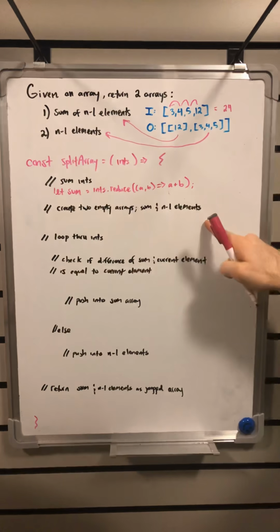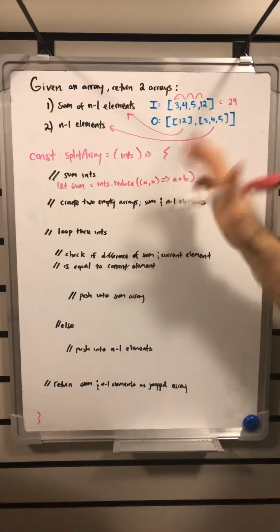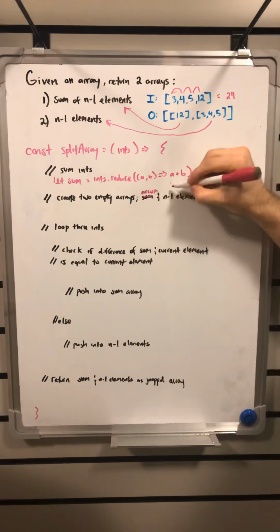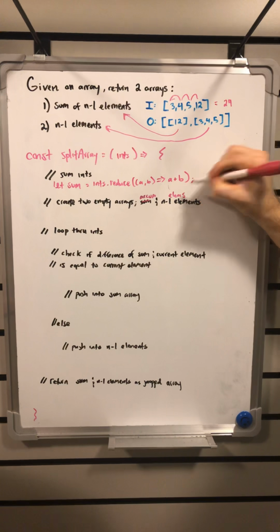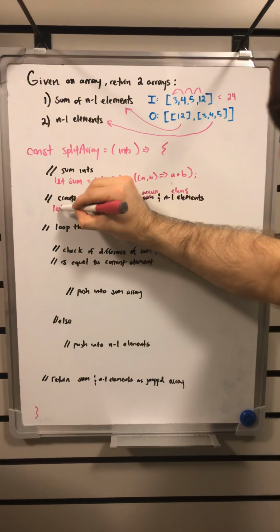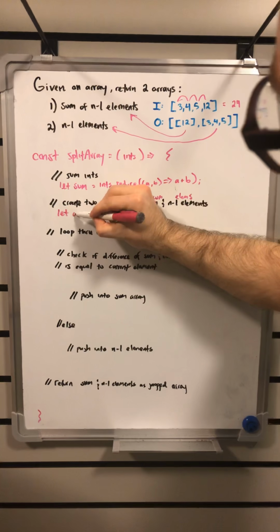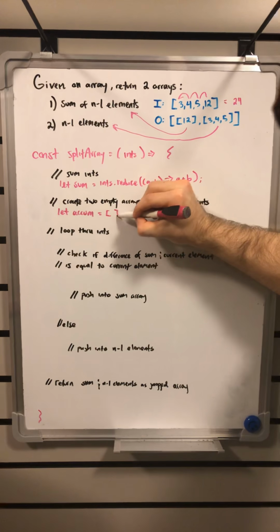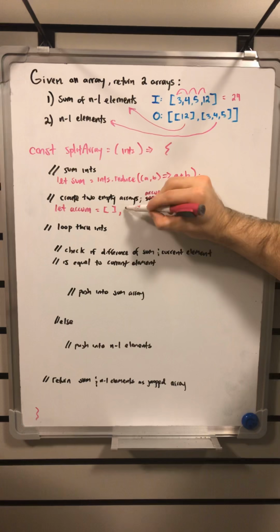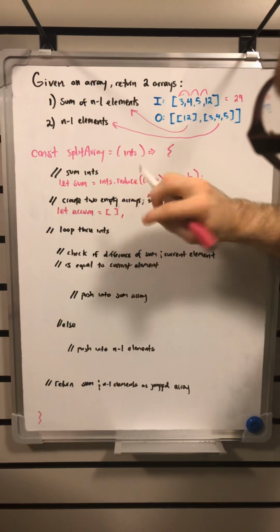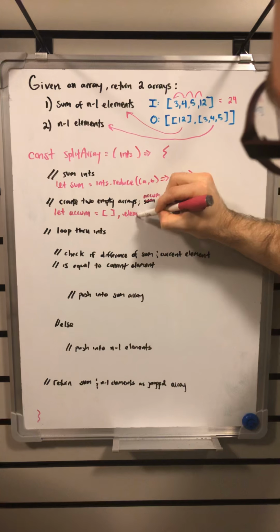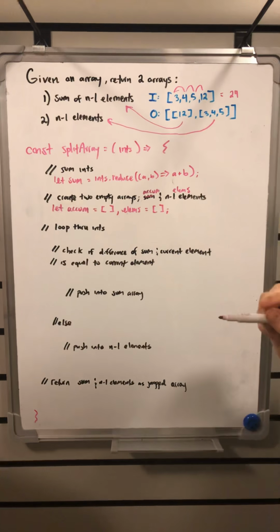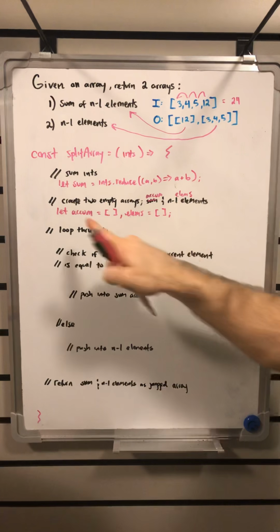Then we'll create two empty arrays, one called accum, and then we'll call this one elements, or elms. And they're going to be two empty arrays to represent these. So accum is going to be the actual number that equals the accumulation of all the integers. And then we're going to have this other array that's going to store all of the other integers. Cool, so we have accum and elms.